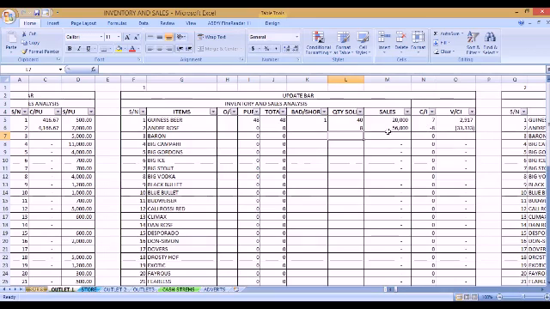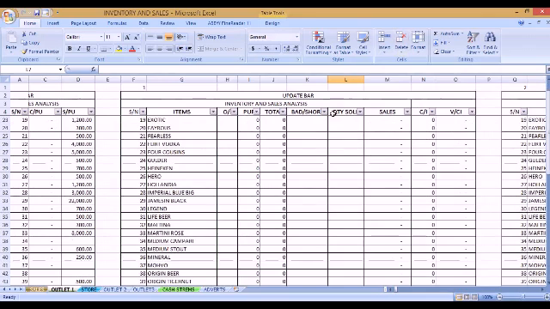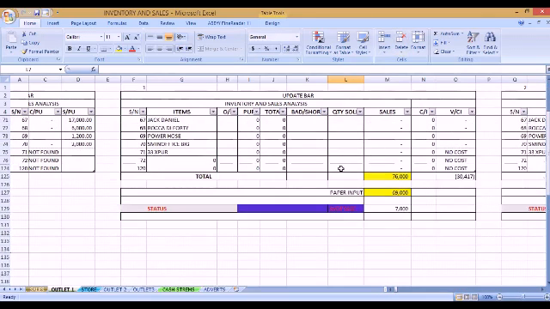Whenever you have this negative, you need to check your stock. What is happening? Your stock is not balancing. You also have to monitor these stock quantities to correspond with what your books are telling you. So let's see now. You will see here we have shortage.